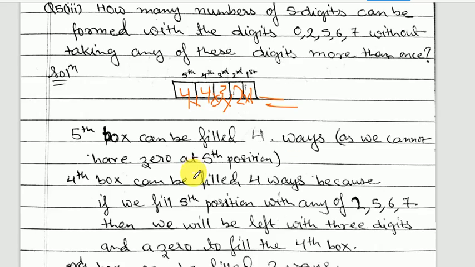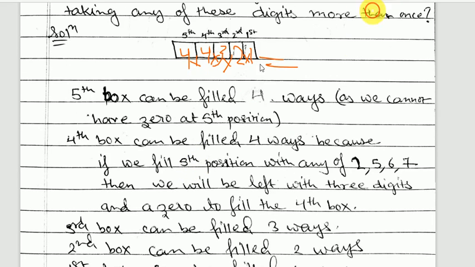So let us see. The fifth box can be filled 4 ways, as we cannot have 0 at the fifth position. The fourth box can be filled 4 ways, because if we fill the fifth position with any of 2, 5, 6, 7, then we will be left with 3 digits and a 0 to fill the fourth box.